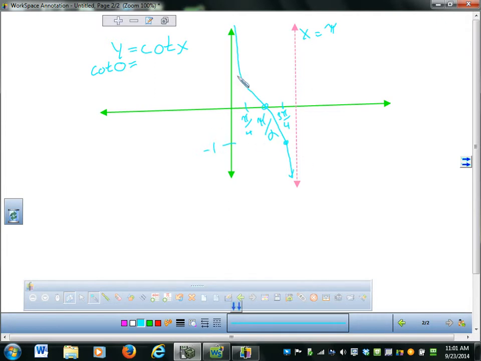Cotangent starts from the top and goes to the bottom. Tangent starts from the bottom and goes to the top. So they're kind of similar, but kind of different.